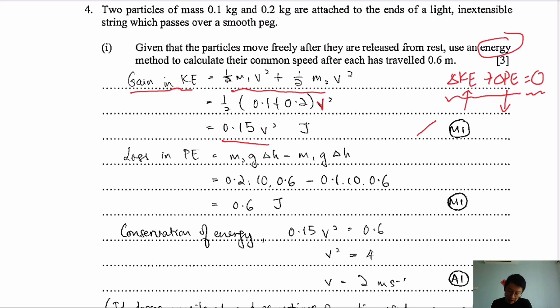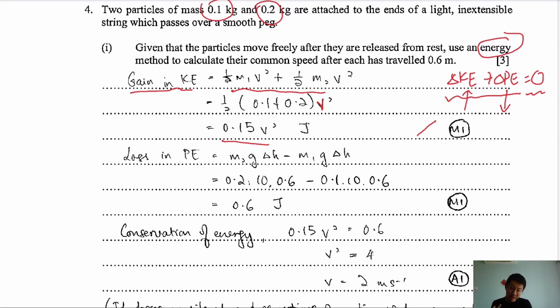Okay, so now we will look at the loss in the PE. We have two particles, one is 0.1 kg and the other is 0.2 kg.